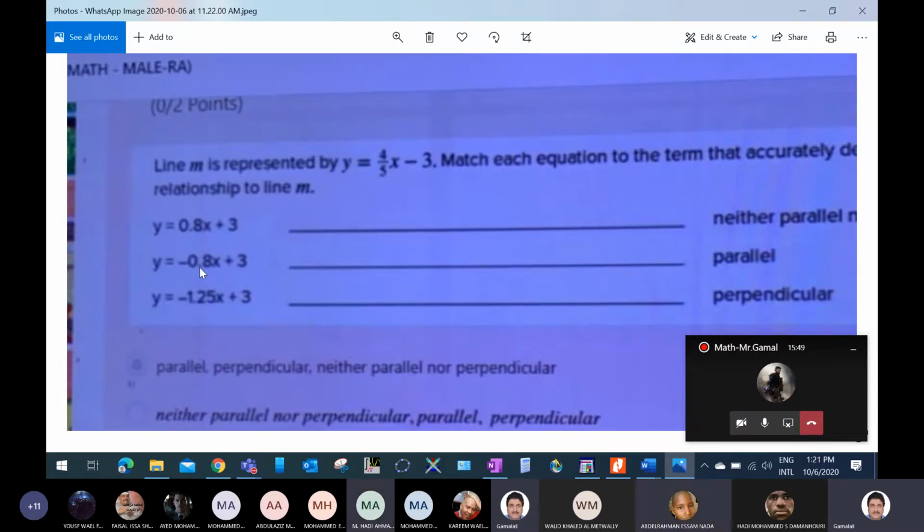No, they are not equal. Can you multiply the two slopes, 4 over 5 and negative 0.8, by using the calculator?